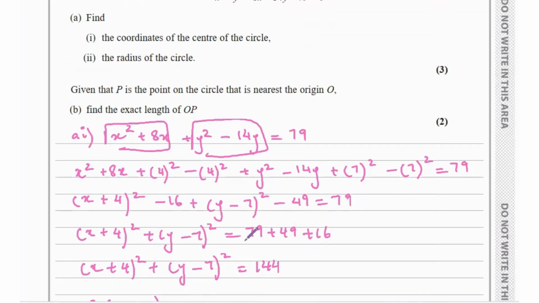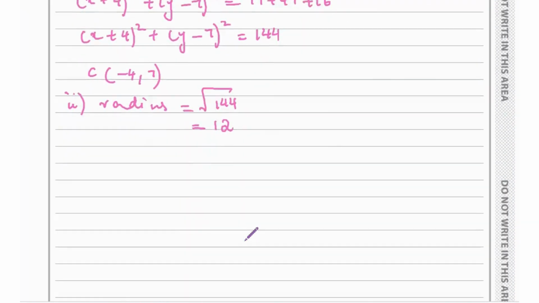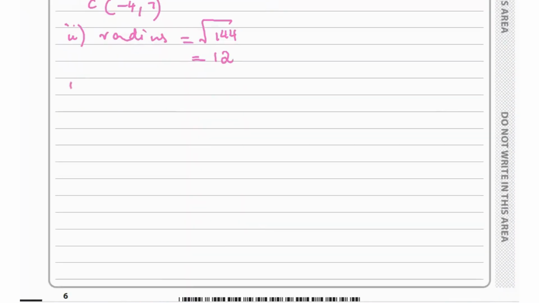And given that P is the point on the circle that is nearest to origin O, find the exact length of OP. So let's draw a rough sketch of the circle first. Center is -4 and 7, so this is your center. So this is the circle, let's say.